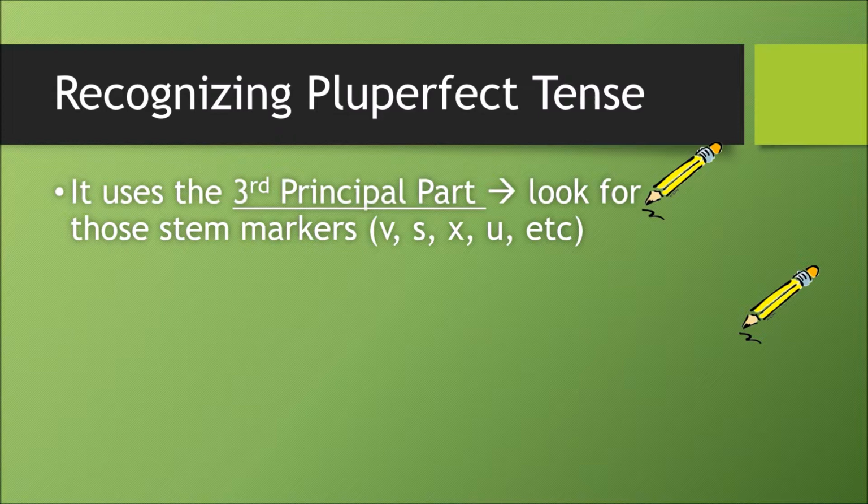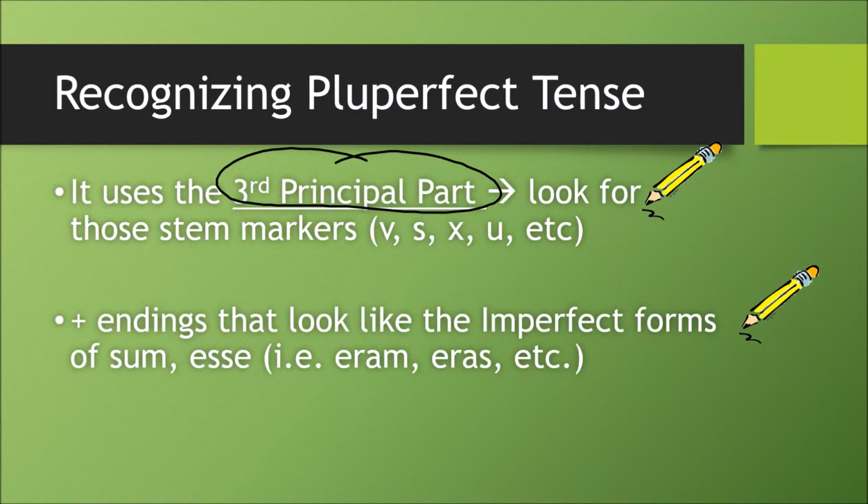We can recognize the pluperfect tense because it will once again use the third principal part, just like any verbs that are in the perfect system. And we want to look for those stem markers or those spelling changes, the V's, the S's, the X's, the U's, the reduplications, or the macrons. And then we're going to add to that base, the third principal part, the forms of sum, esse that look like the imperfect tense.